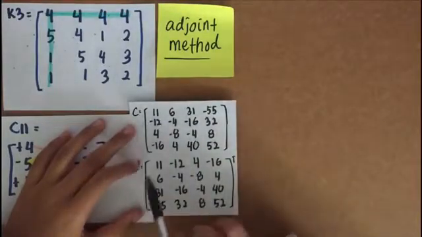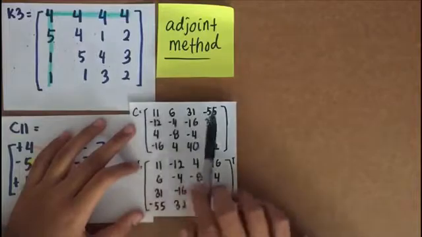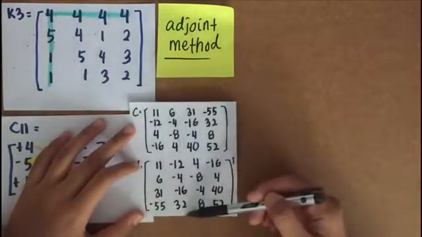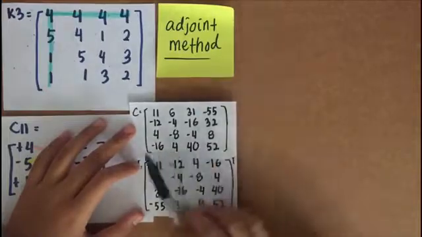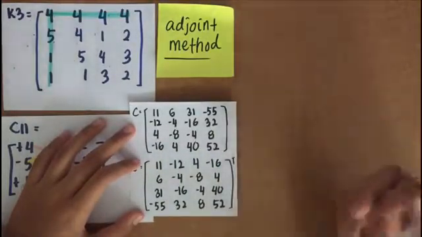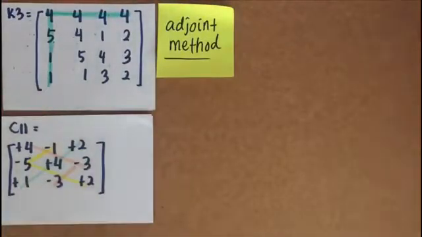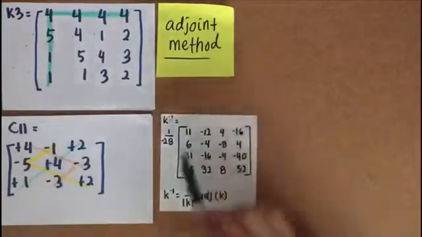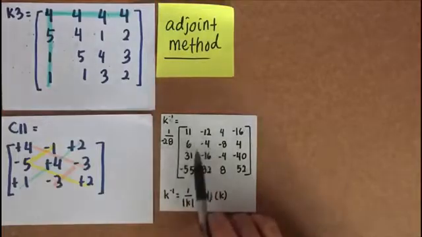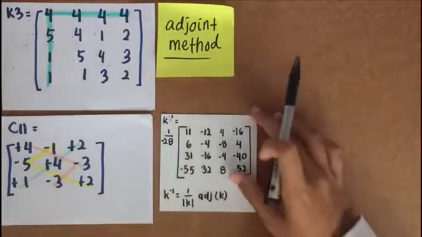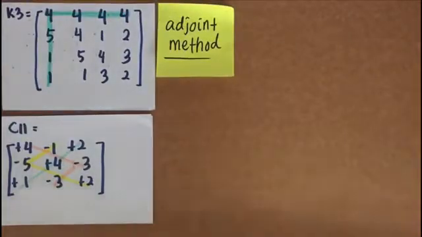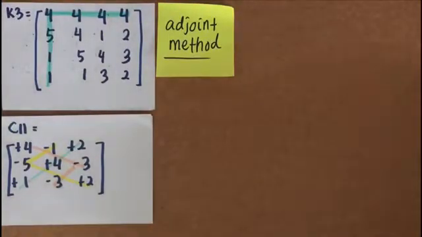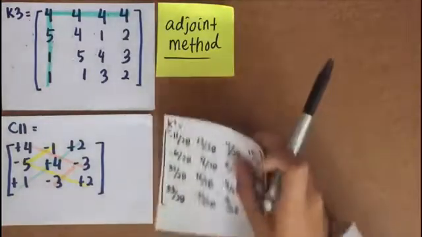For the cofactor transpose, you make the first row become the first column, the second row become the second column, the third row become the third column, and the fourth row become the fourth column. Then you multiply 1 over the determinant with the cofactor transpose, and then you should get this value.